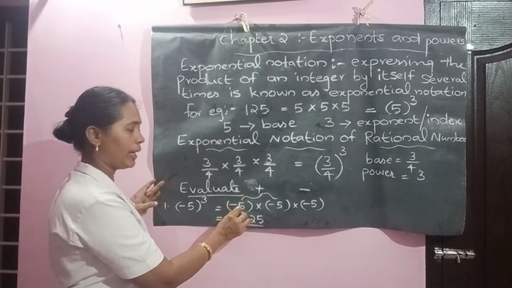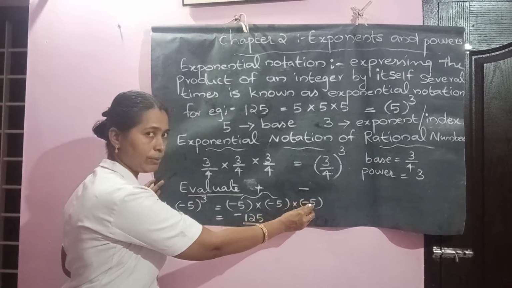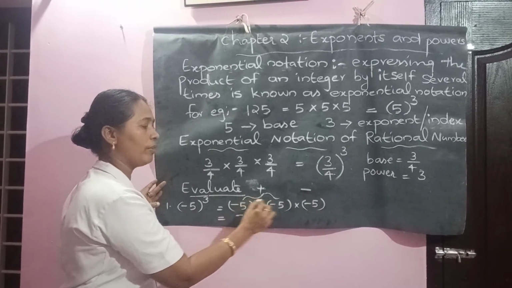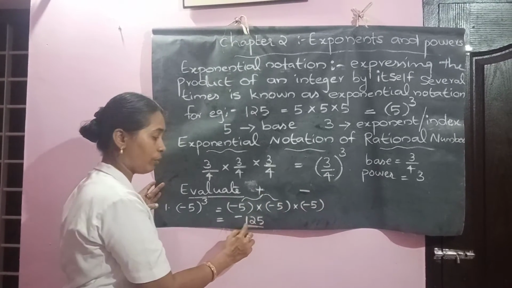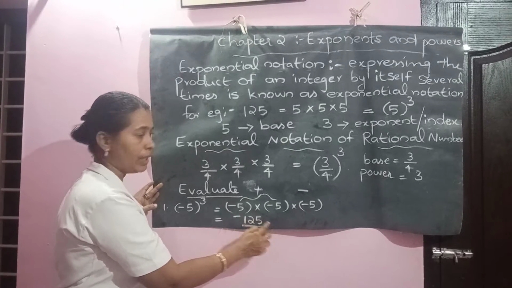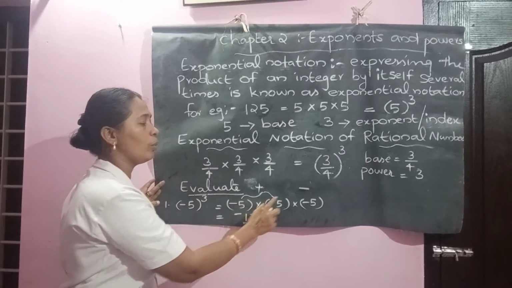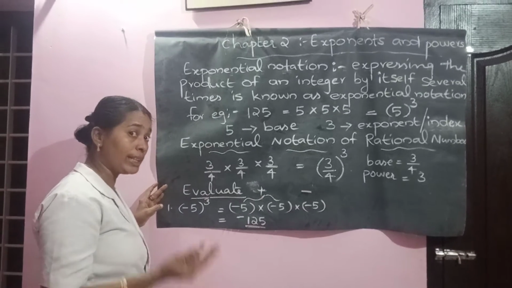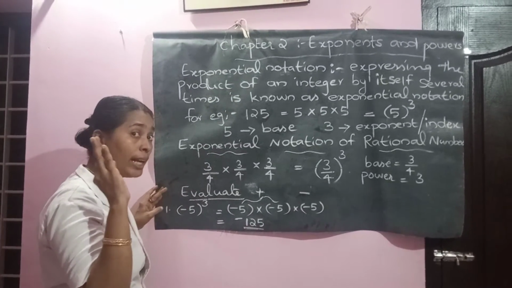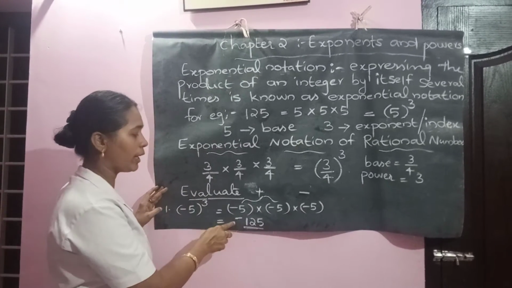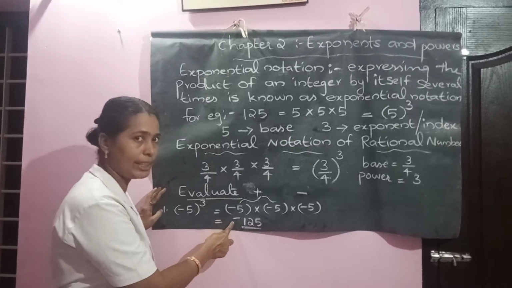So multiply minus 5 into minus 5 into minus 5. Multiply the numbers. 5 into 5, 25. 25 into 5 is 125. Now think about the sign. How many negative signs are there? 1, 2, 3. 3 is an odd number. So the product is also negative.